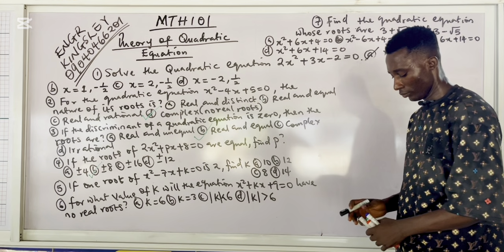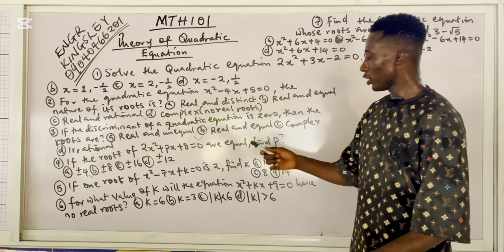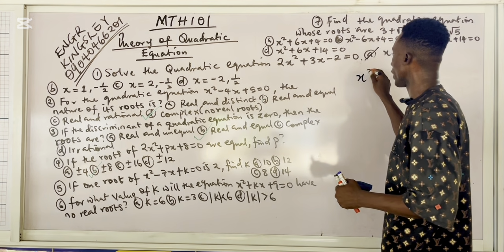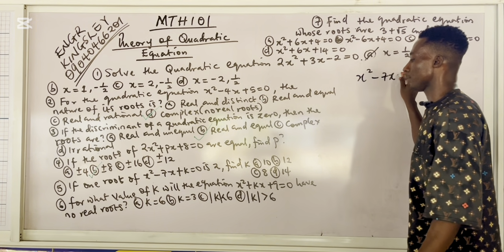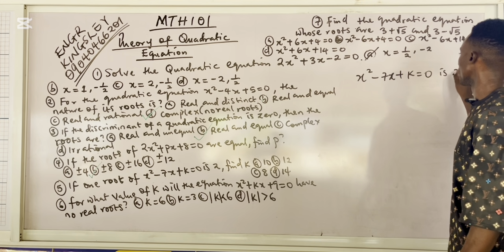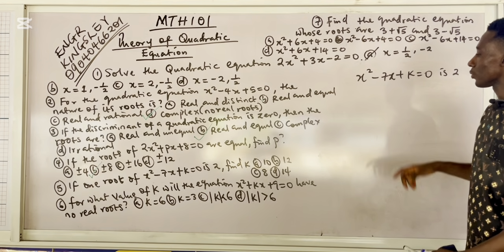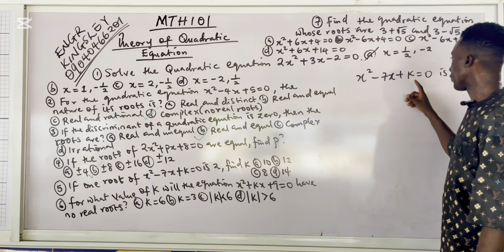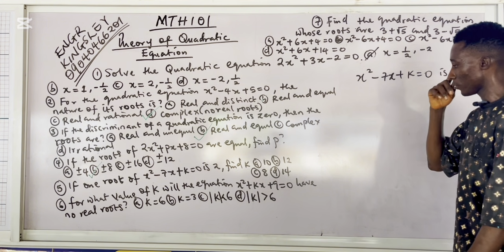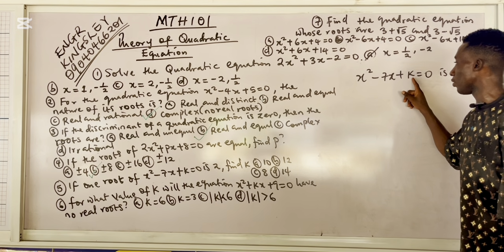If you observe question number 5, they have given you the first value of x to be 2. So what you are going to do is to find the value of k that makes this quadratic complete. There's no value of the constant here.